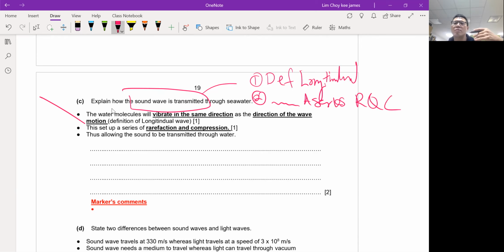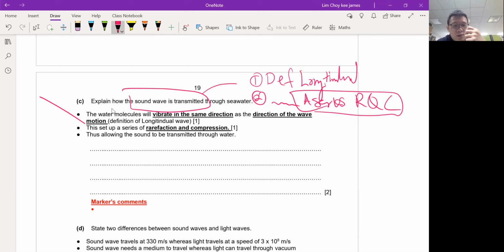Because of the motion of the particles in a certain manner, it causes collisions and a series of rarefactions and compressions. That's what I mean by the two sections of keywords I'm looking out for when I need students to explain to me how sound is transmitted.